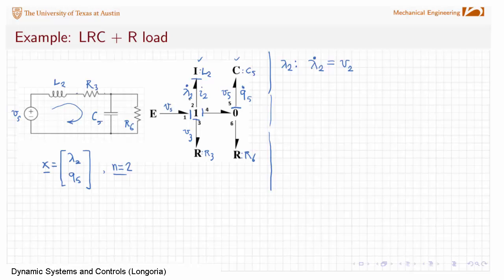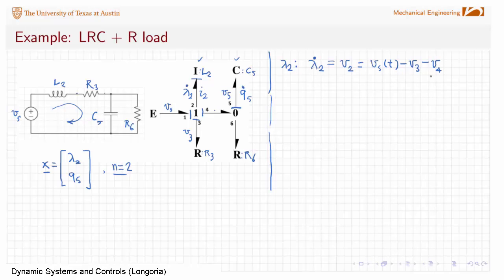And V2, and remember, I'm going to use my sum of efforts around the one junction to give me V2, and that's equal to what? Vs, and that's a known input, so I'm going to write that as a function of time, minus V3 minus V4, which is that bond here, right?